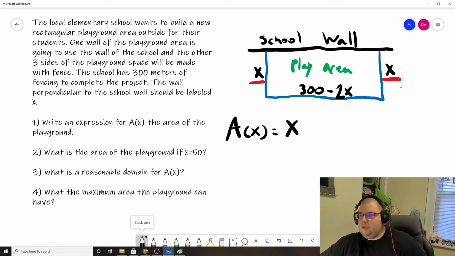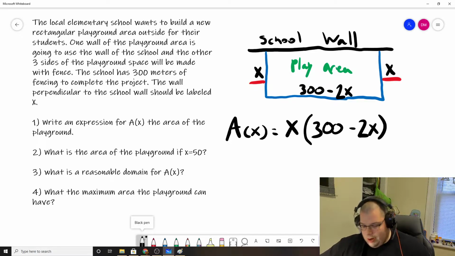And that tells me the length. So my area formula is going to be the width, x, times the length, 300 minus 2x. So that's number 1. All set and done.